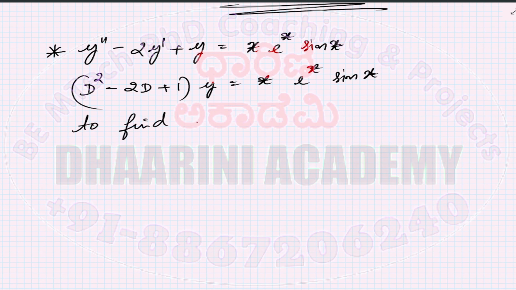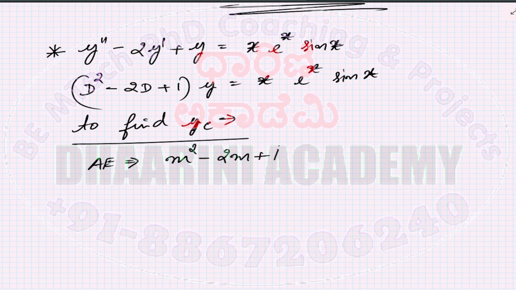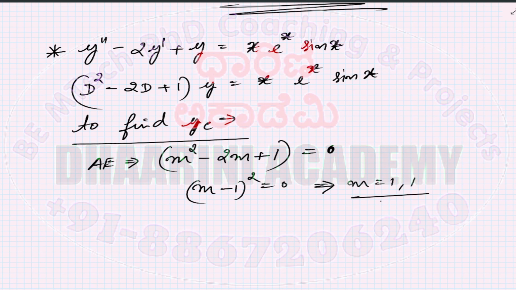First we need to find YC, the complementary solution. So we go for the auxiliary equation, replacing D by m. D square becomes m square minus 2m plus 1 equal to 0. This left hand side is a perfect square, so we know that this is m minus 1 the whole square equal to 0. That gives m equal to 1 and 1.